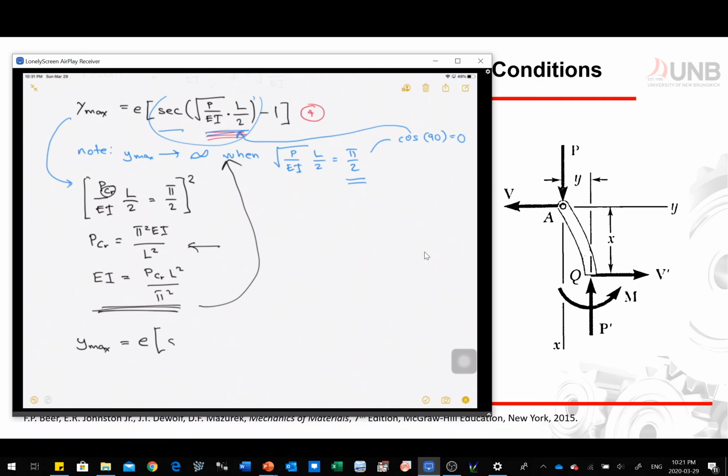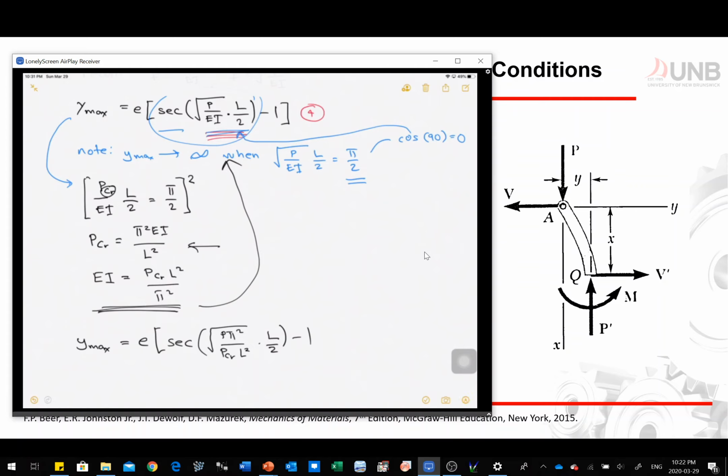Now we have a secant equation right here, square root of P pi squared over PCR L squared times L over 2, minus 1.